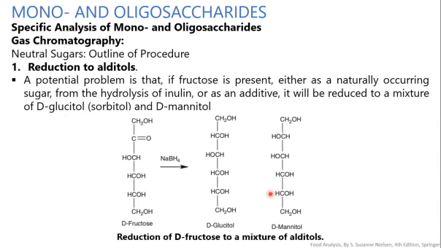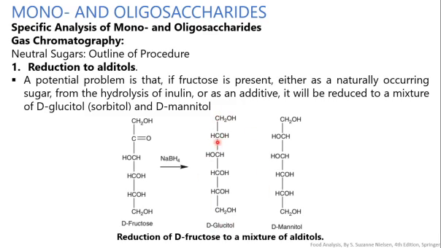So the potential problem is that fructose, whenever present, either in the naturally occurring sugar from the hydrolysis of inulin or as an additive, will be reduced to a mixture of D-glucitol, that is sorbitol, and D-mannitol, and hence a problem arises with the particular analysis. This is the reaction where D-fructose undergoes reduction.